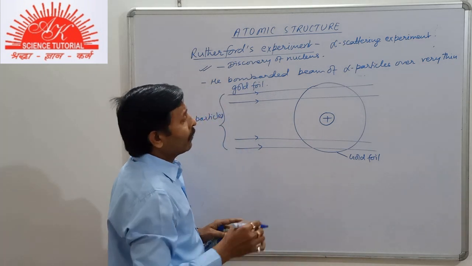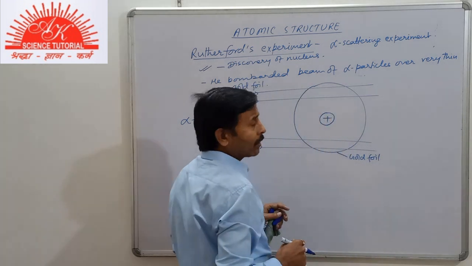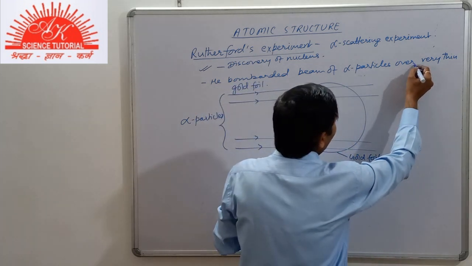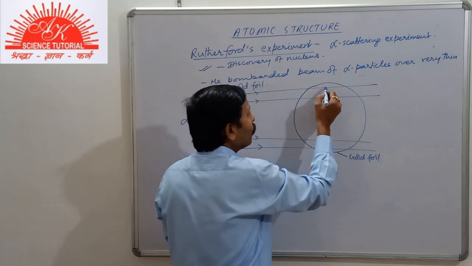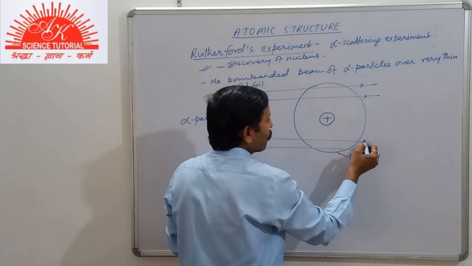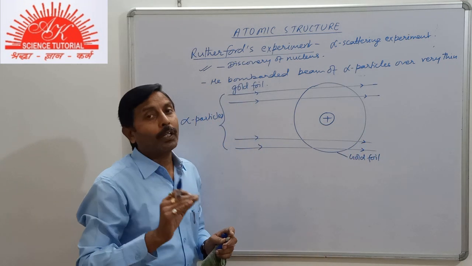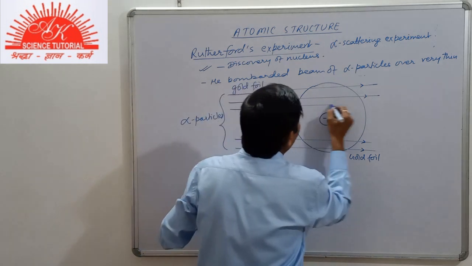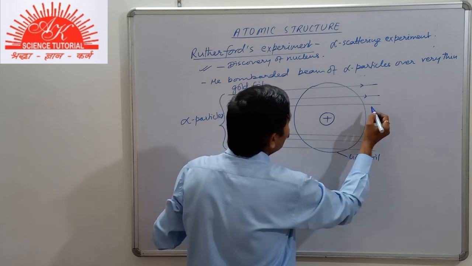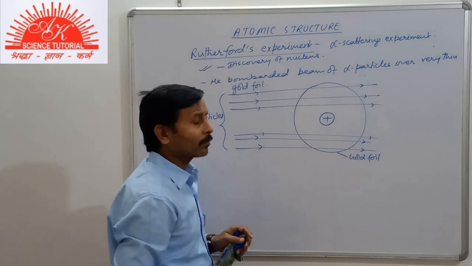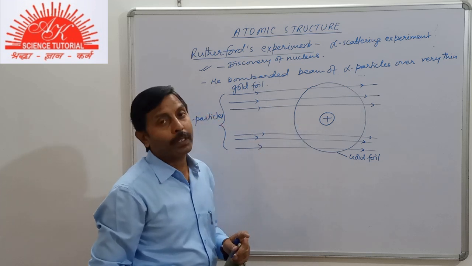Now, suppose a fluorescent screen was placed on this side. It was observed that most of the alpha particles passed undeviated. It means that there was no obstruction in their path, showing that a large part of an atom is empty.